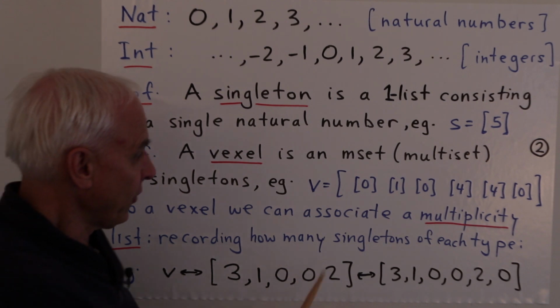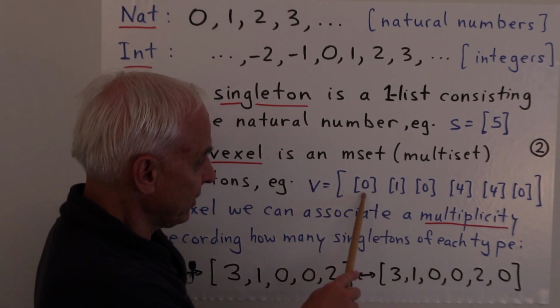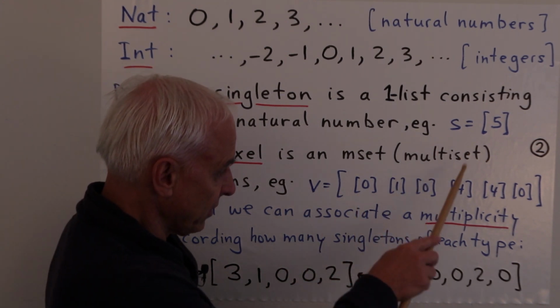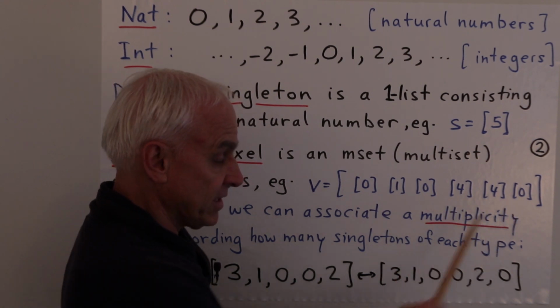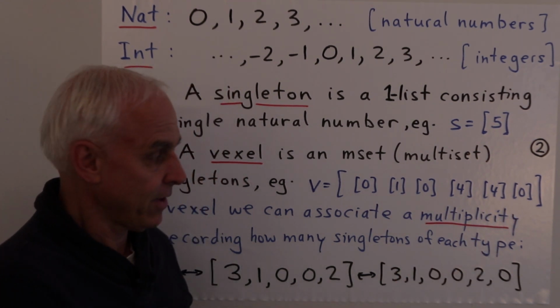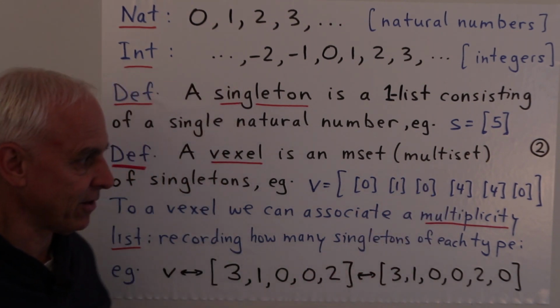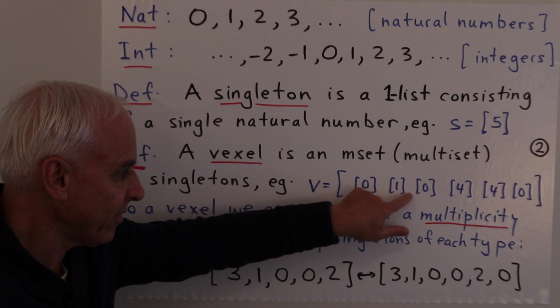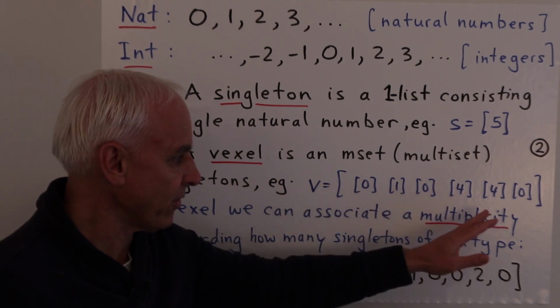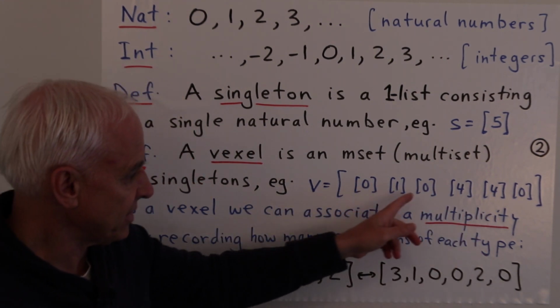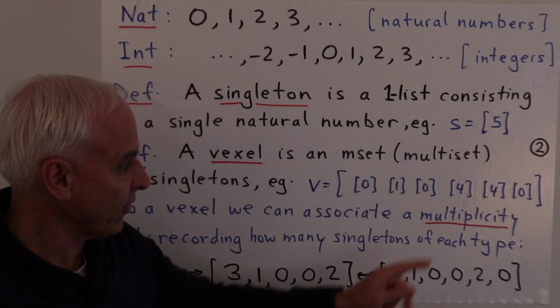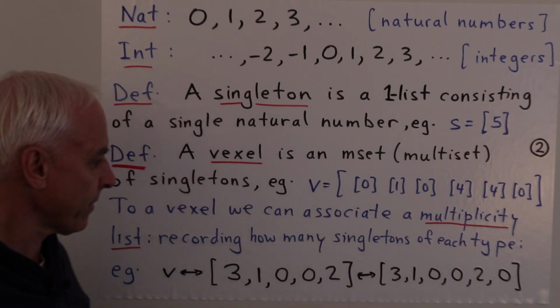So here's a vexel V. It contains the singleton 0, singleton 1, the singleton 0, the singleton 4, the singleton 4, the singleton 0. And the order doesn't matter. If we interchange these two, it would still be the same vexel. There's no commas. That means it's unordered. And repetitions, as you can see, are allowed. There's 3 singleton 0s and there's 2 singleton 4s.